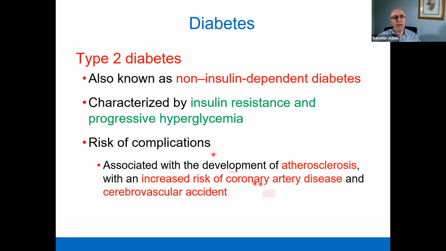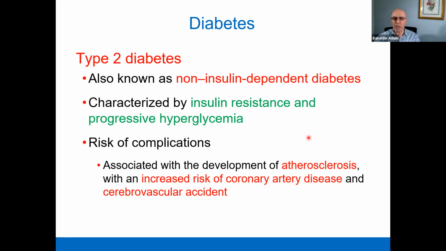Now, the risks of complications in type 2 diabetes are atherosclerosis, increased coronary artery disease, and cerebrovascular accidents. However, these complications develop gradually, within decades.